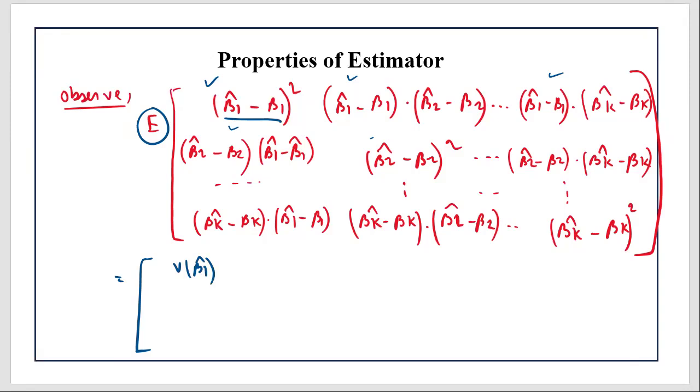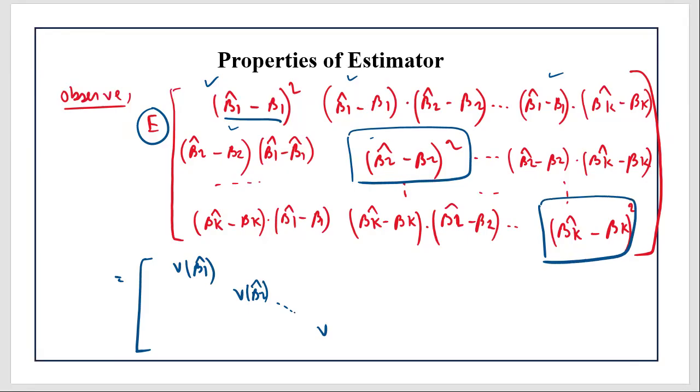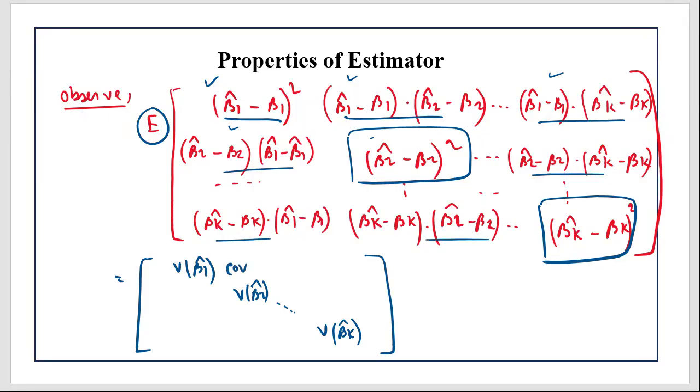Similarly, for all the diagonal elements, the first diagonal element is this, the second diagonal element is the variance of beta 2 cap, and all the way through, the last diagonal element will give you the variance of beta k cap. So in this matrix, the diagonal elements will give you the variance and all the rest of the terms will give you the covariance. This is one covariance, this is one covariance, all the terms will give you the covariance. So this is basically the covariance of beta 1 cap and beta 2 cap.